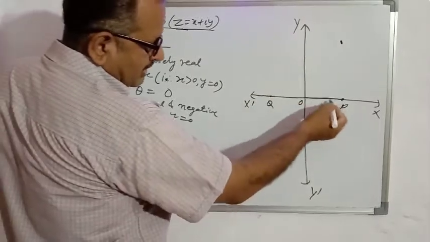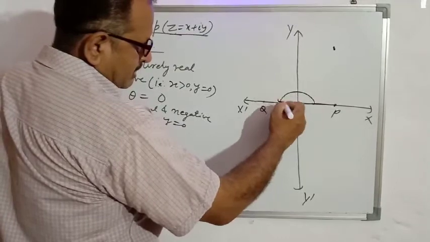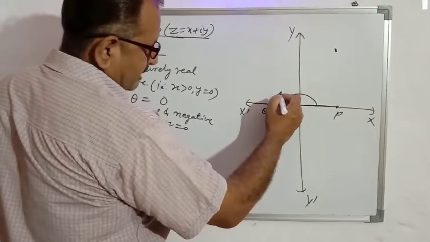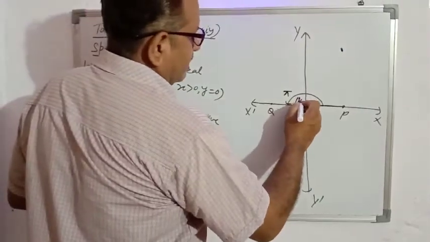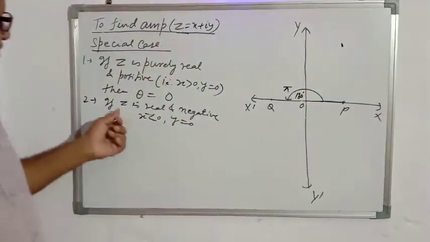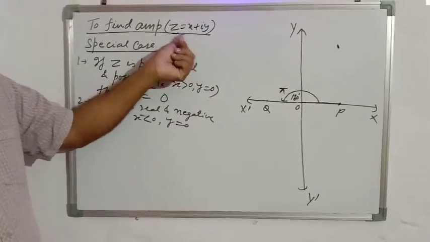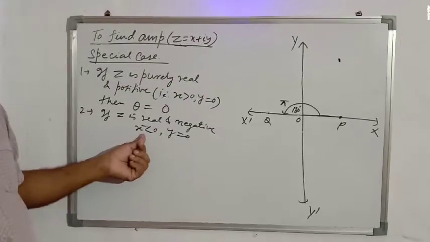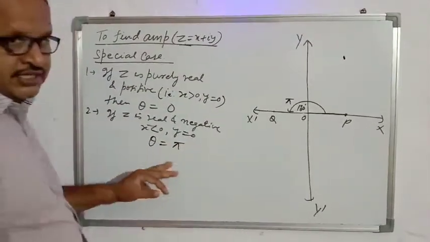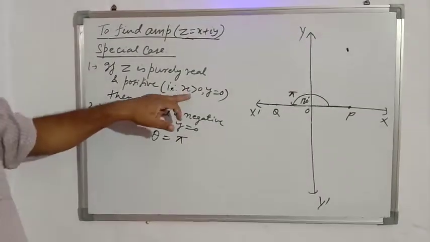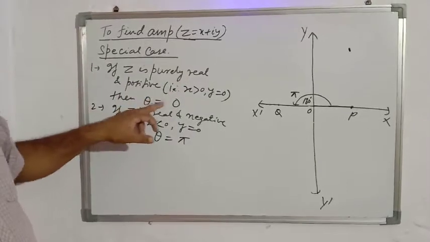So what will be the angle made with the x-axis? Pi. Pi means 180 degrees. So if z is real and negative, suppose z is equal to -2, -3, then theta will be pi, meaning 180 degrees. And if x is positive, suppose z is equal to 2, 3, 5 like that, then theta will be 0.